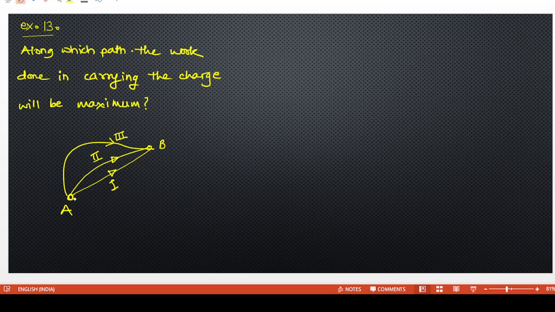And this one is path 4. These are the 4 paths. You have to carry a charge Q from point A to point B in the presence of another charge. So this is the charge small q which is to be moved from point A to point B. And this is some other source charge.